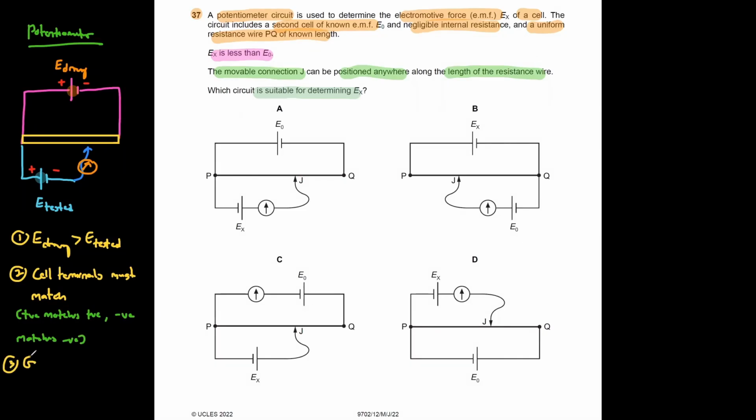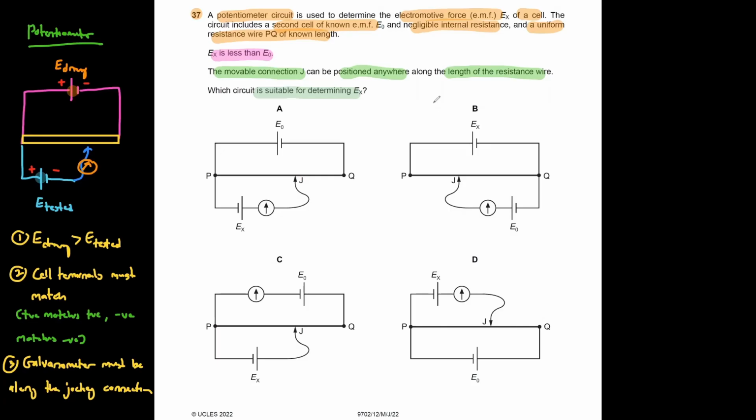Your galvanometer must be along the jockey connection. These are the three main characteristics. As long as you know these three, you'll be able to answer this question here.